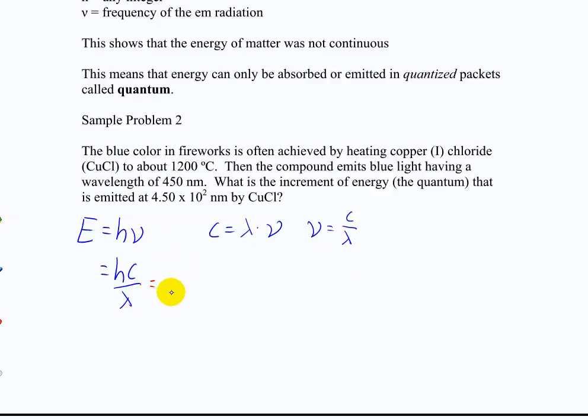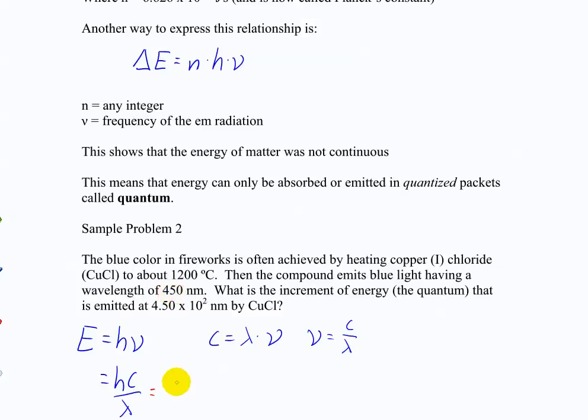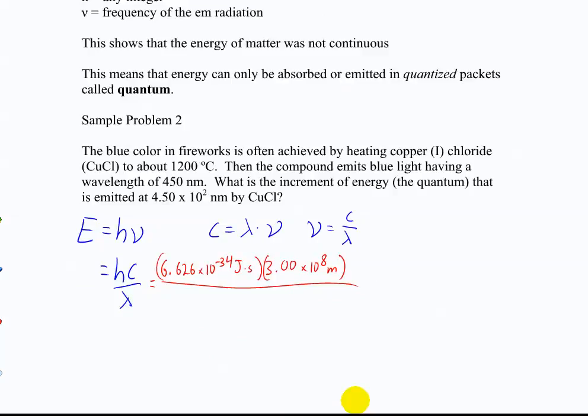So that means that we can multiply this constant, 6.626 times 10 to the minus, what did I say it was, 34? Yeah, 34 joule seconds, times the speed of light, 3.00 times 10 to the 8th meters per second, sorry, and then divide that by the wavelength, which is, in this case, 450 nanometers, or 4.50 times 10 to the negative 7th meters.